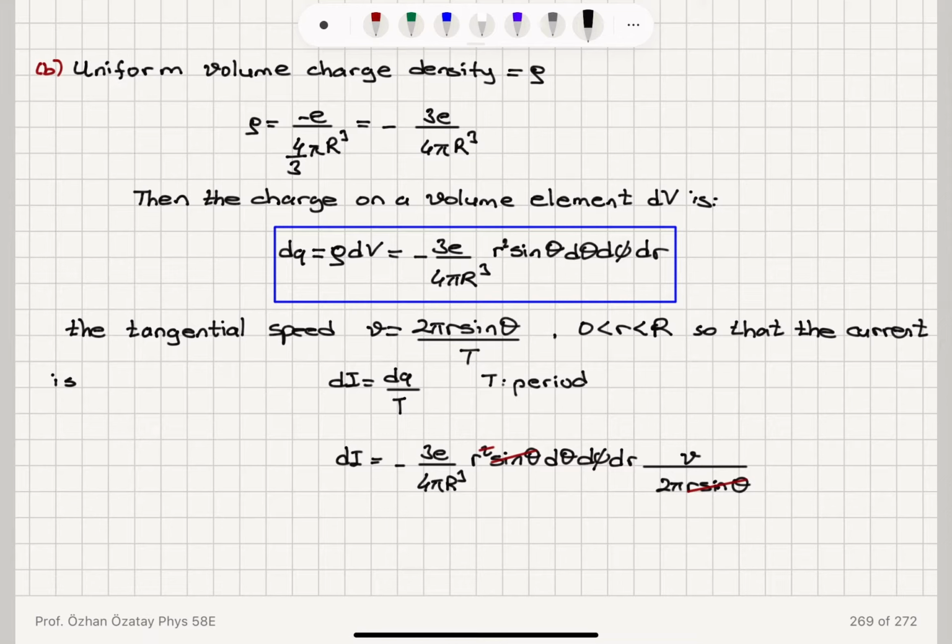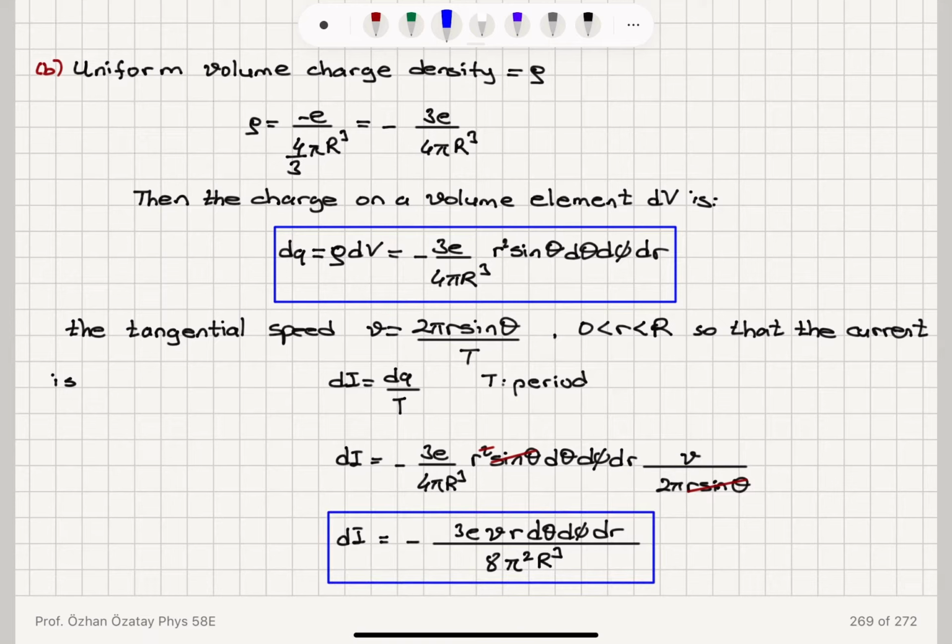And then the contribution to the current dI will be minus 3e v r d theta d phi dr divided by 8 pi squared capital R cubed. Okay, so now we know the current.